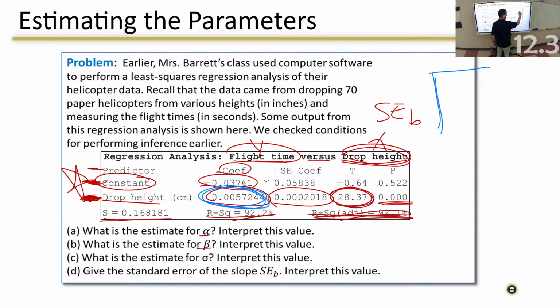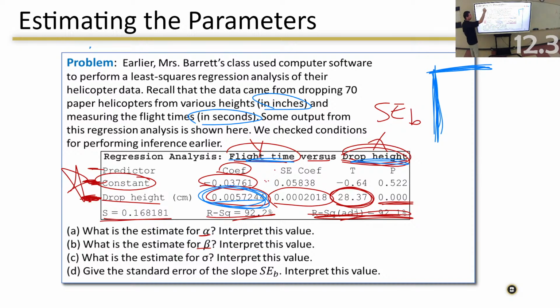Rise is your y. Your run is your x. We know that. So I'm going up 0.00574 or 24, whatever. So when the flight time goes up by this, for every 1, I think it's centimeter, inch, my flight time goes up 0.00571 seconds for every inch, because this number's over 1.